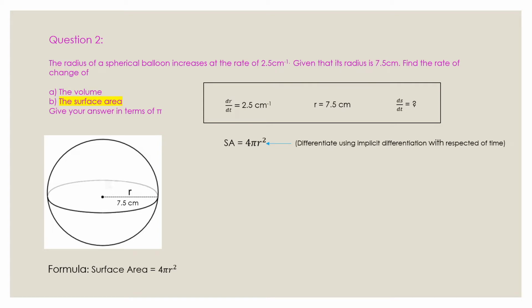Same step from the previous question, we need to apply implicit differentiation into the surface area formula, and we will get ds over dt equal 8 pi r dr over dt.